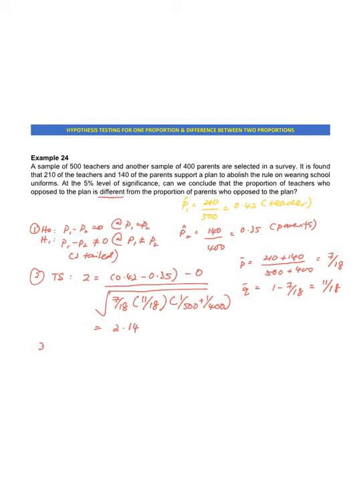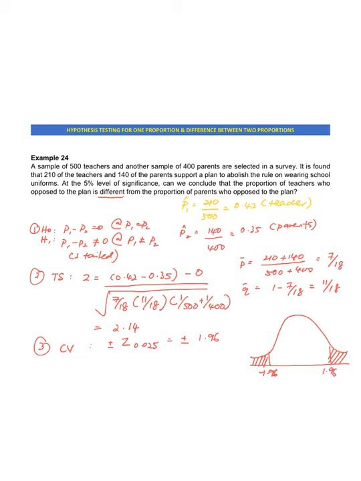Now the third step, find the critical value. Since this one is two tail, don't forget plus or minus Z alpha over 2. Alpha 0.05 divided by 2 is 0.025. So this is equivalent to plus or minus 1.96. Before we write the decision rule, we write our rejection region first. On the left side is negative 1.96 and the right side is 1.96.